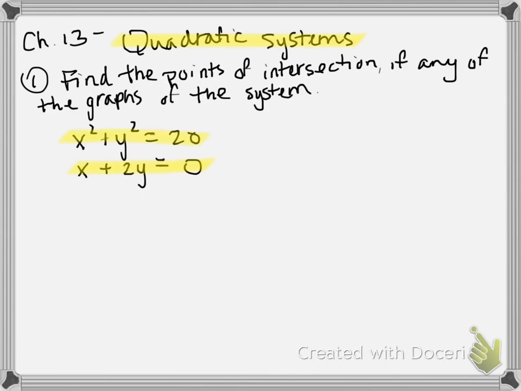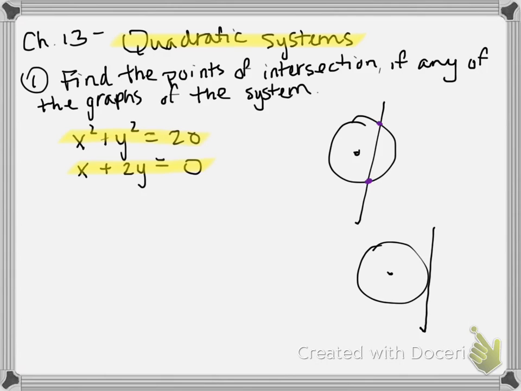A circle and a line could intersect or not intersect in a lot of different ways. I could have 2 points of intersection with a circle and a line. I could have 1 point of intersection if the line is tangent to the circle.